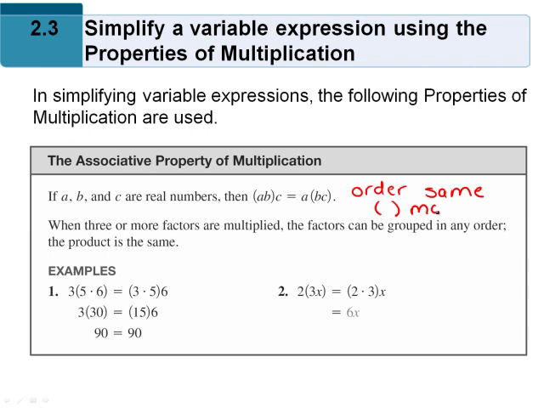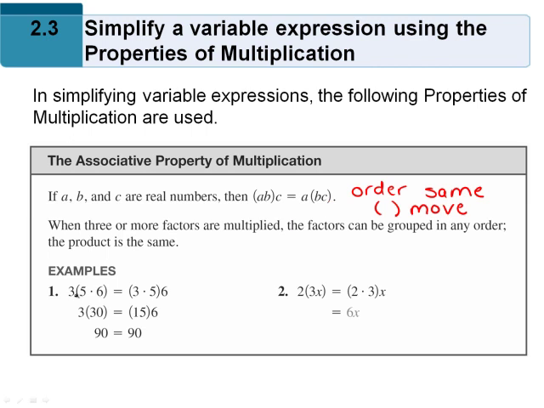So if you look at this, you have A times B in parentheses times C equals A times B times C. So the order ABC is the same on both sides, but just the parentheses have shifted. So that's your associative property with multiplication.